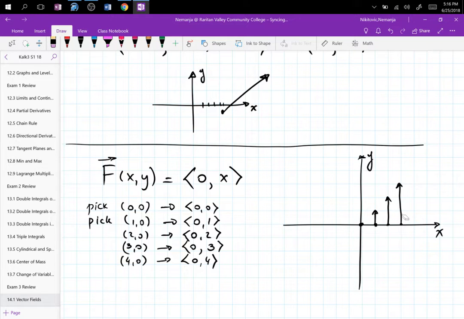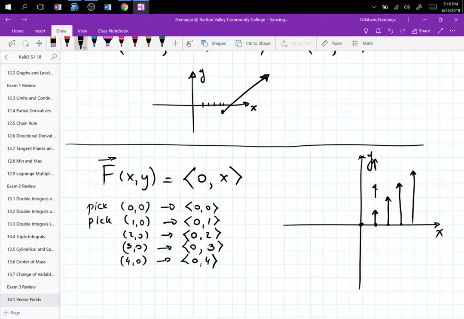So now when you have that at 4, you have a vector that is 4 units tall. Now, no matter where you are on these vertical lines, the vector field will produce all of these vectors again the same.